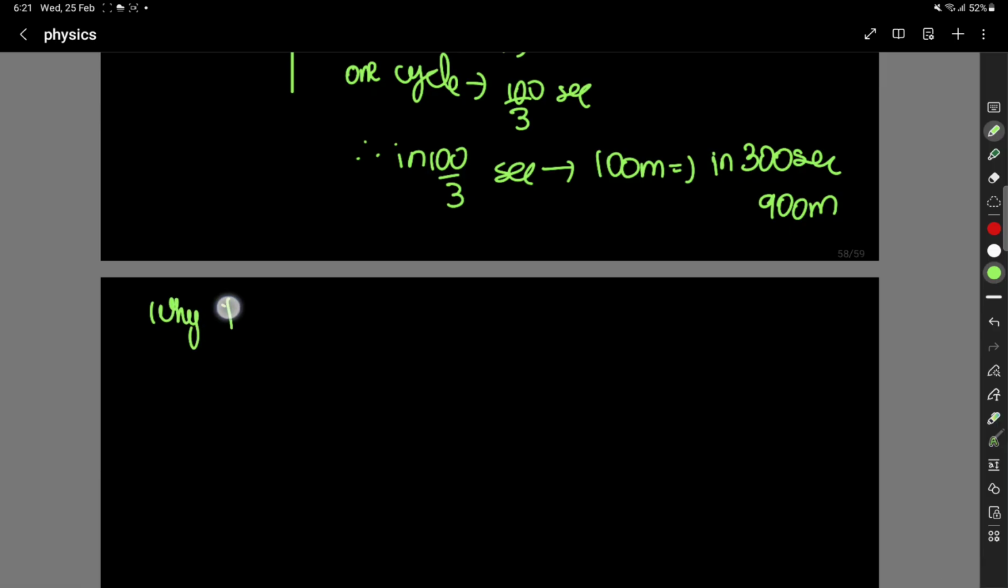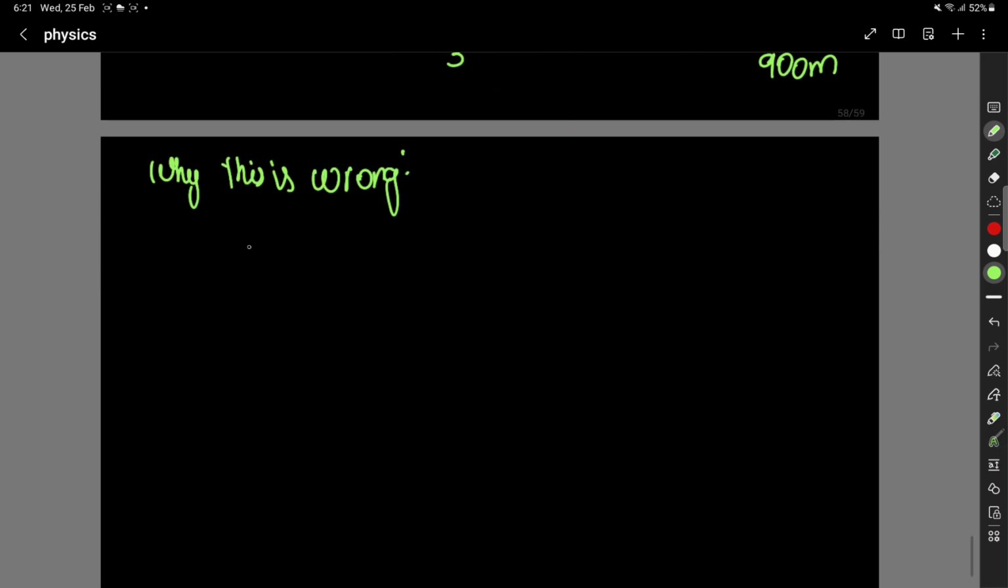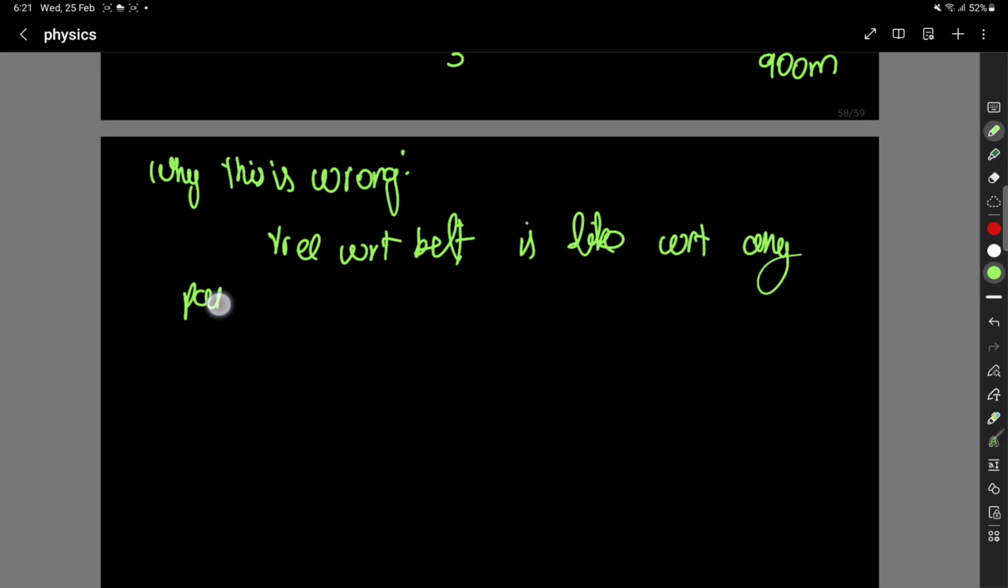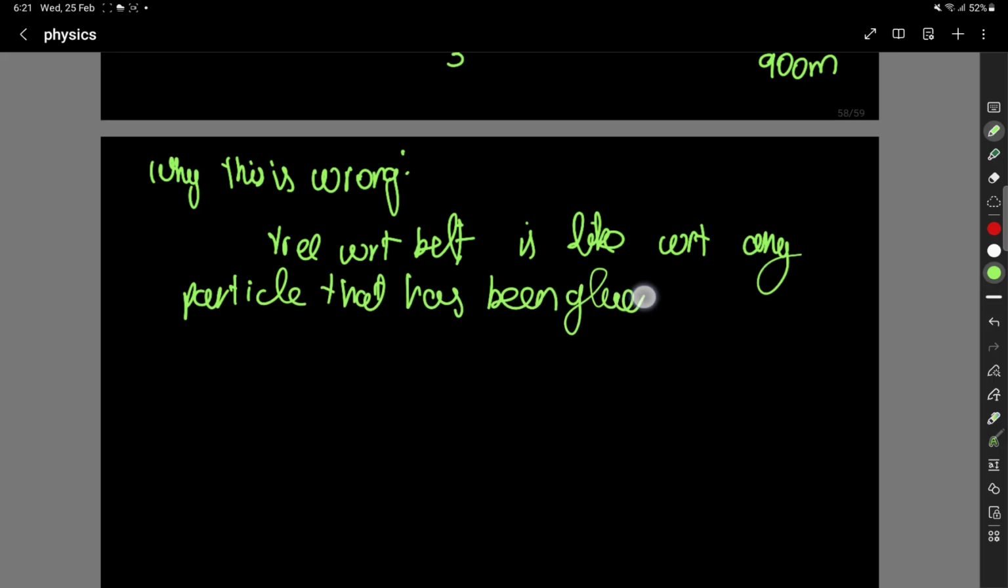But why is this wrong? That is because the v relative with respect to the belt is like with respect to any particle that has been glued to the belt.